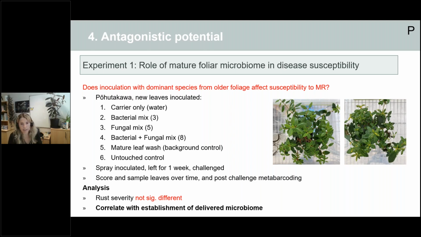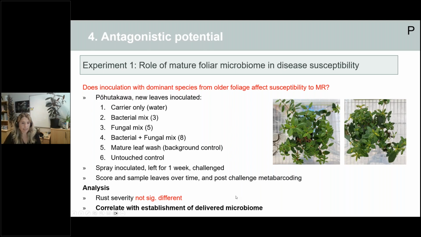We spray inoculated those organisms onto the plant and left them for 1 week to stabilize, and then we challenged them with the rust. We scored the leaves at the end of the experiment, and we also sampled leaves over time and did a post-challenge metabarcoding to see what was actually happening to the phylloplane communities after we had put new organisms onto that phylloplane.